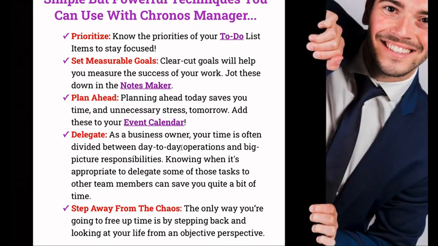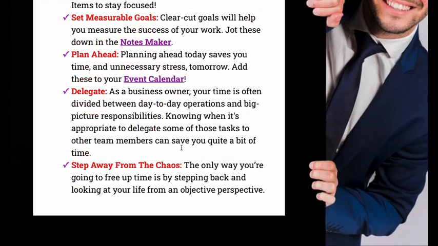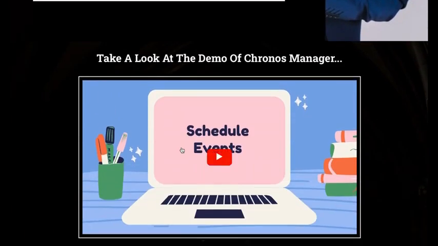So plan ahead, delegate yourself to the time, and prioritize the events time, which one is required, and select measurable goals. And so then you can slowly see the growth behind yourself for your business, because time is the most efficient way of getting things. And take a look at the demo of Kronos Manager.